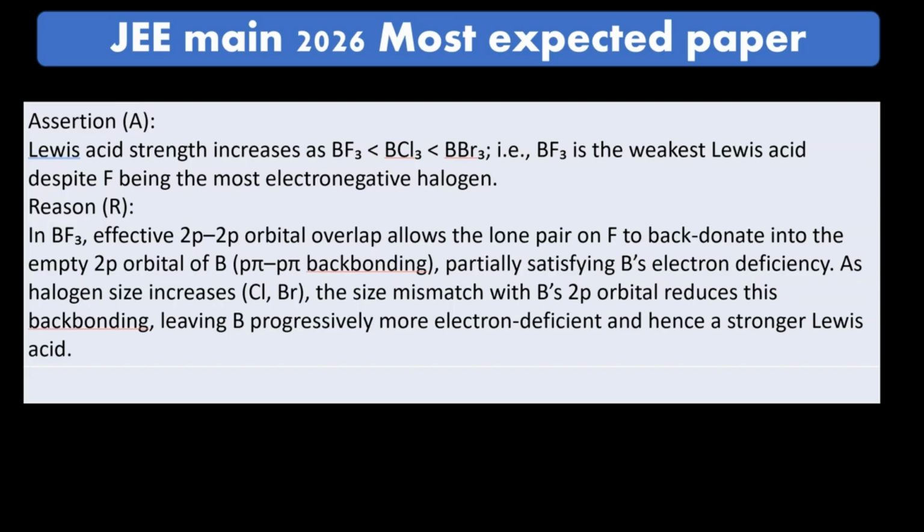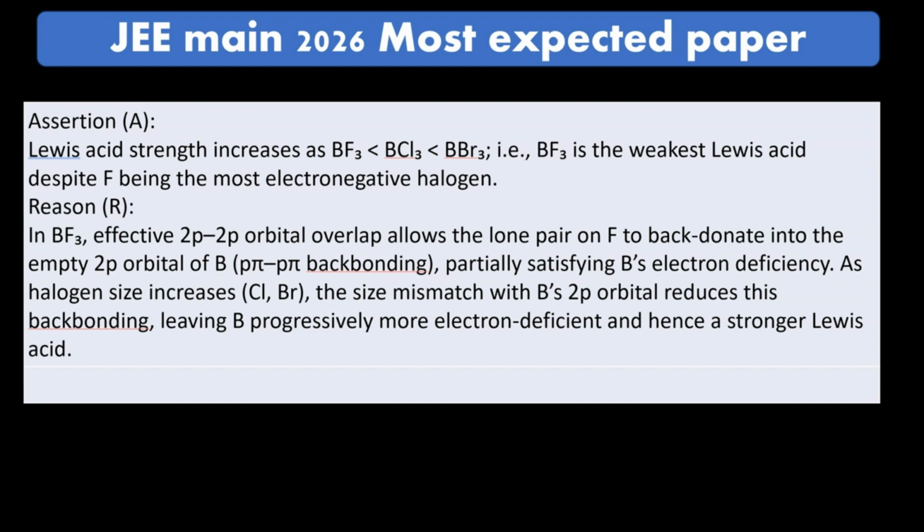Okay, so let's check the assertion now. The order is true. The Lewis acid strength increases in this order, and BF3 becomes the weakest Lewis acid even though F is the most electronegative halogen.